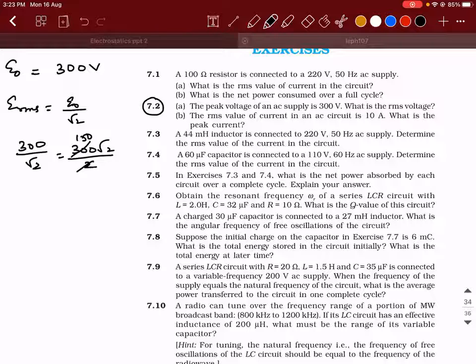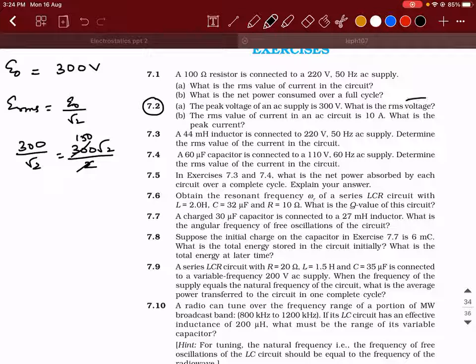Sir, what is the unit, sir? You tell. Look at the formula. E naught, what is the unit I wrote? Volt. ERMS is also volt only, because you are calculating RMS voltage.